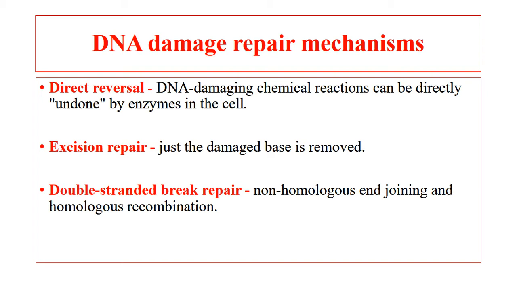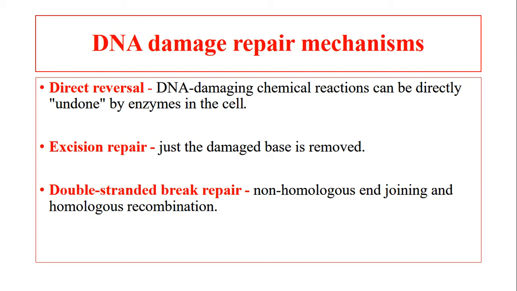Repair processes that help fix damaged DNA include direct reversal. Some DNA-damaging chemical reactions can be directly undone by enzymes in the cell. Excision repair. Damage to one or a few bases of DNA is often fixed by removal, or excision, in other words, and replacement of the damaged region. In base excision repair, just the damaged base is removed.